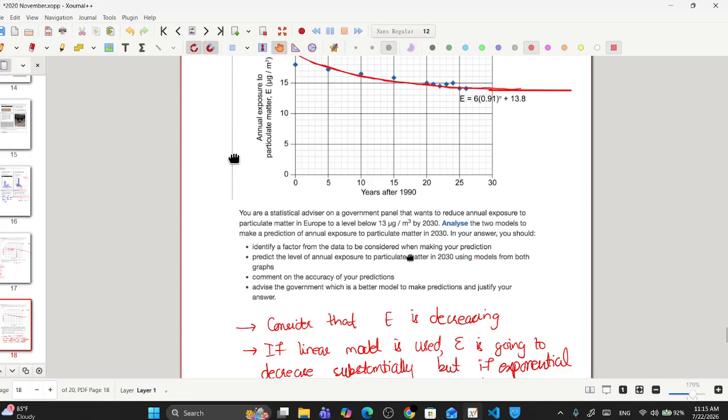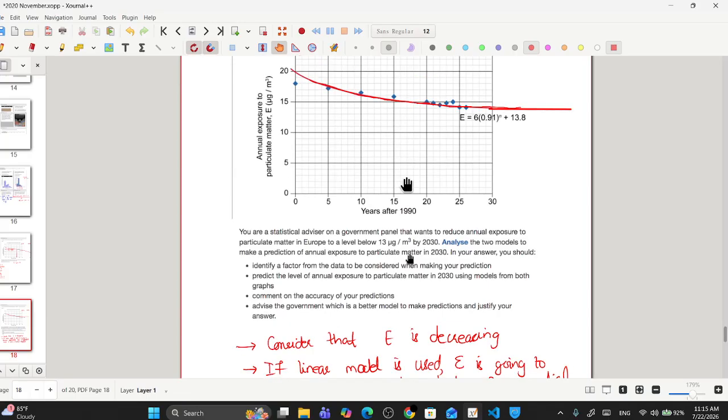I can say that the environmental reduction tends to remain the same rather than decrease infinitely. Because realistically speaking, it's not possible that we remove all types of pollution, right?